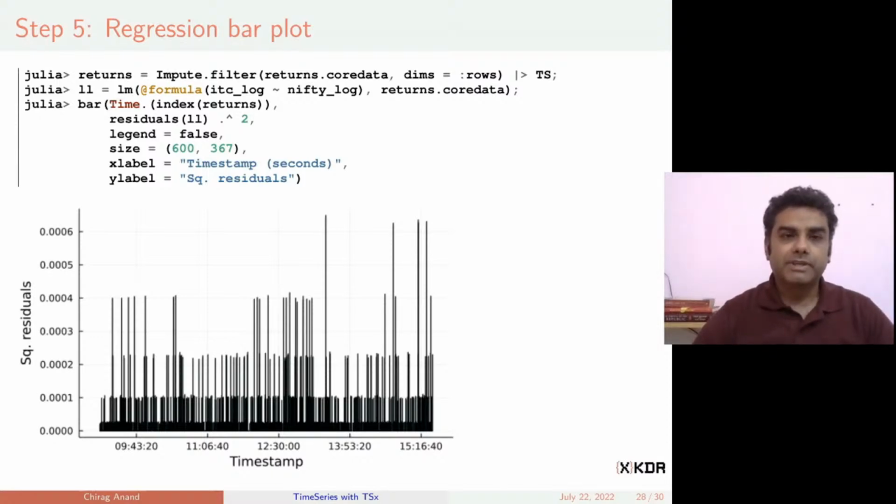Second step, we run a regression with ITC as the response variable and Nifty as the predictor. We again use the coredata property to run this regression. We do a bar plot with index on the x-axis and the squared residuals on the y-axis.